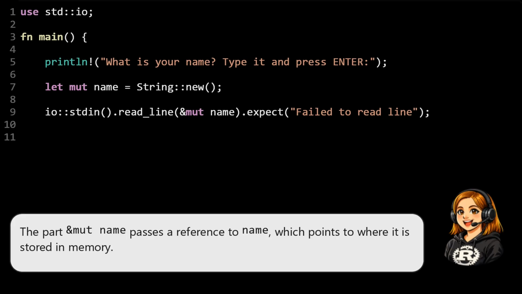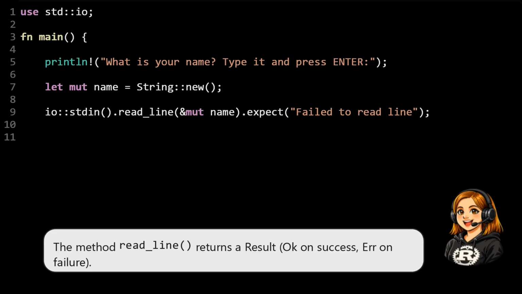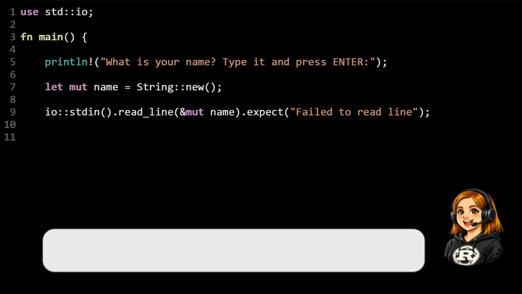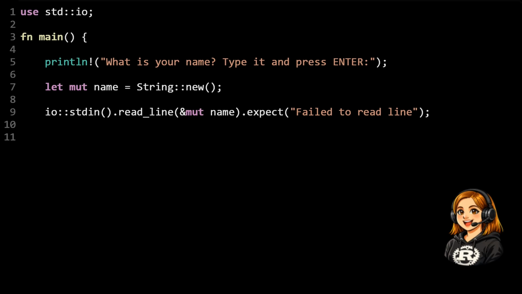The part &mut name passes a reference to name, which points to where it is stored in memory. The method read_line returns a result, Ok on success, Err on failure. Next, expect stops the program with a message if reading input fails.